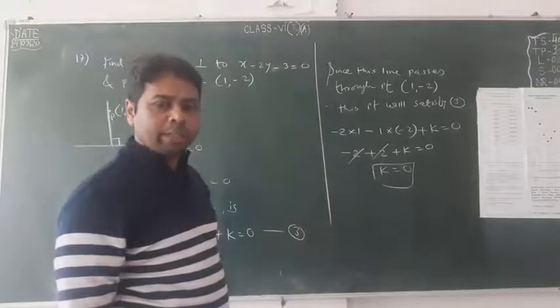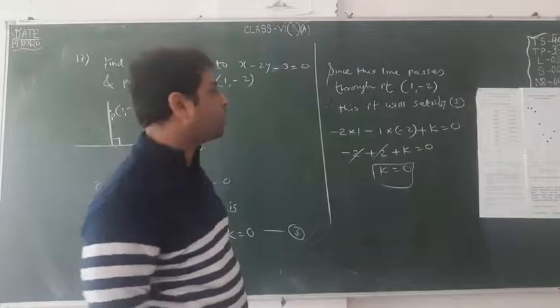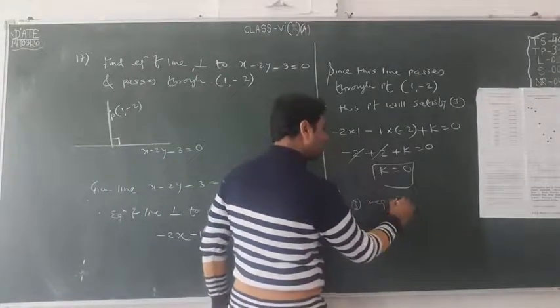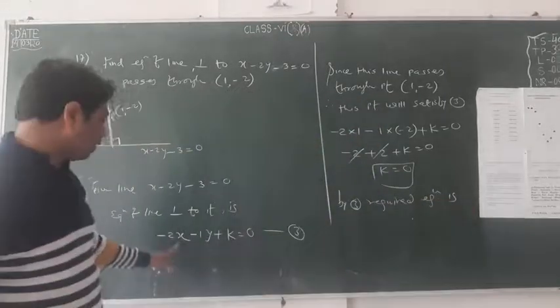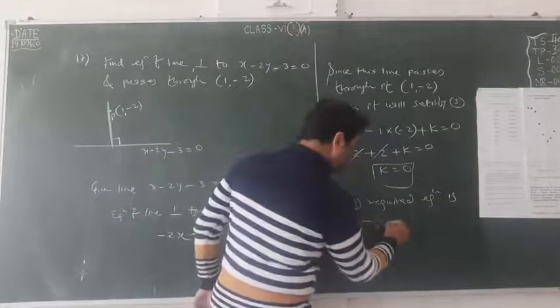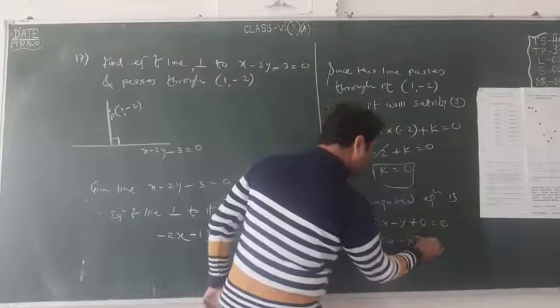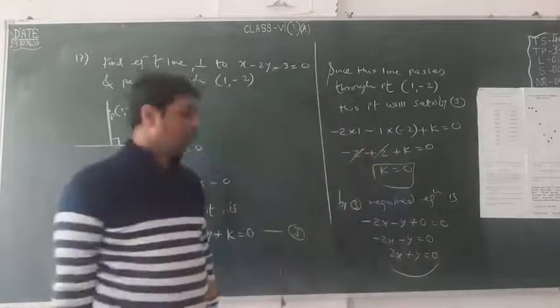Not always will we get this, but this is the method, any value can come. k is equal to 0 we got, and by 3 the required equation is minus 2x minus y plus 0 equal to 0, minus 2x minus y equal to 0, so 2x plus y equal to 0. This is the answer.